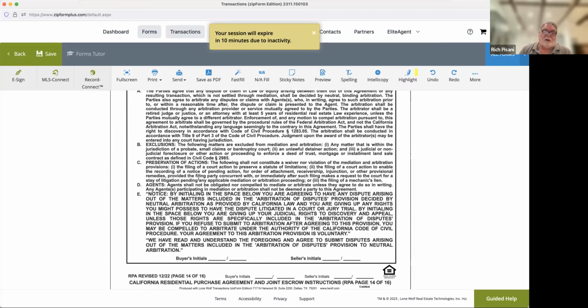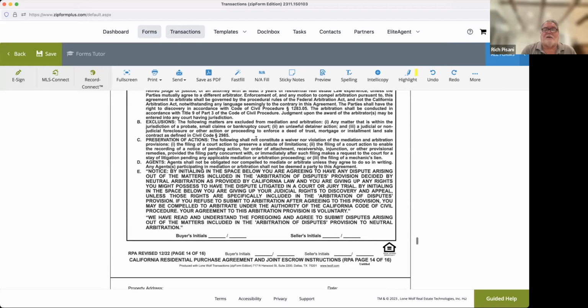Most people do initial arbitration because it does save time. It is costly, as is a court. A court will take years. Arbitration can take 6 to 8 months, but it is costly. So, any questions on those?